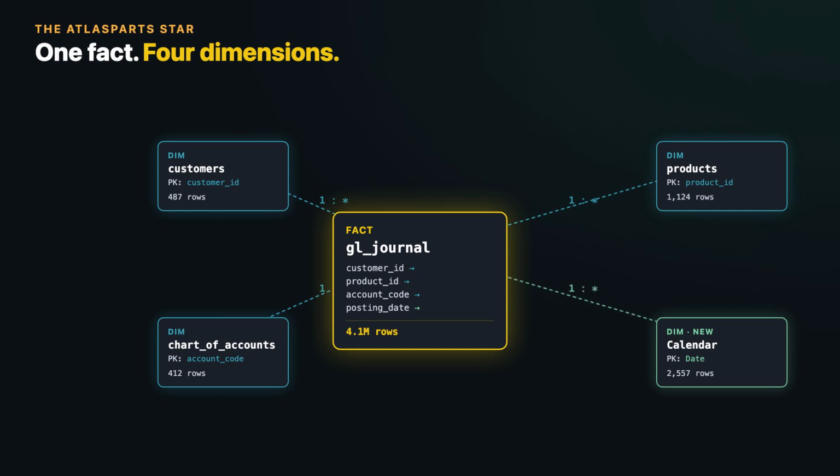Products, about 1,100 rows, joined on product ID. Chart of accounts, about 400 rows, joined on account code. And the calendar, 2,500 dates joined on date. That's the one we build next.